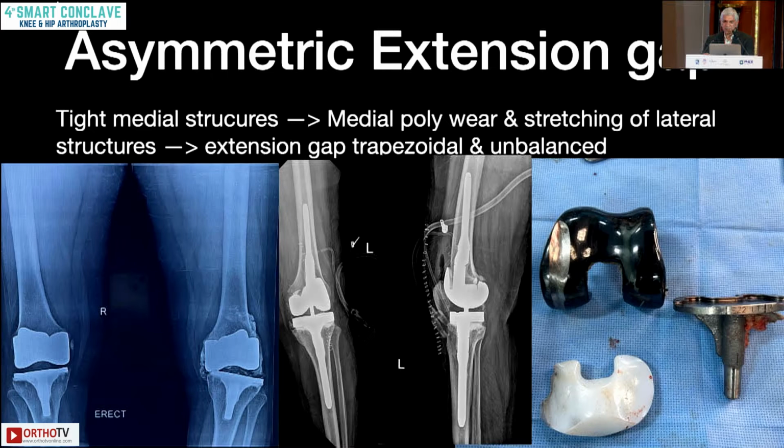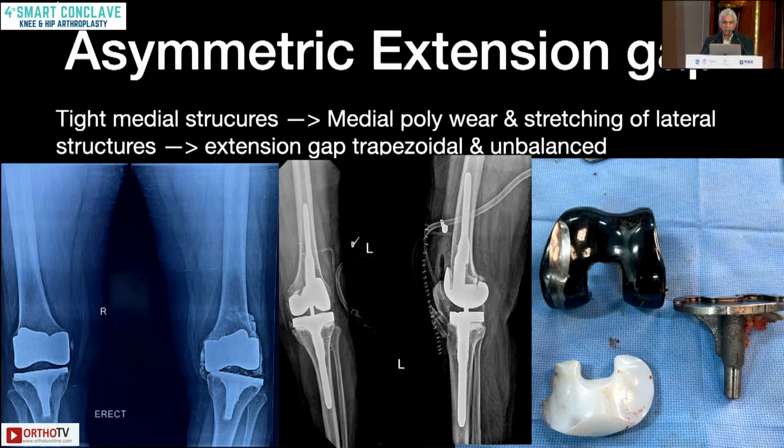This resulted in a trapezoidal extension gap, which is obviously unbalanced. Now this will need a revision, and here both the components have to be revised. We can talk about whether both should be done or one should be done, but in practice good results are always achieved when you have both components revised.